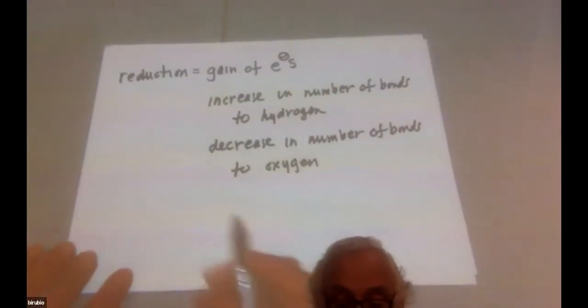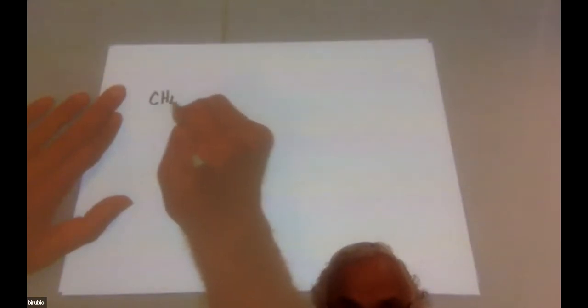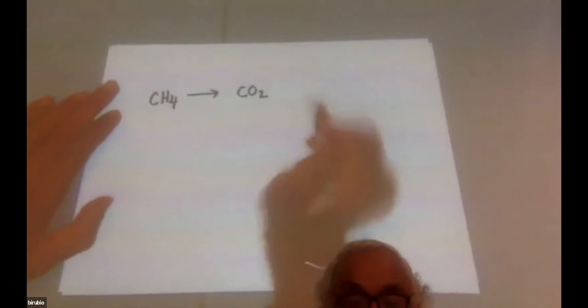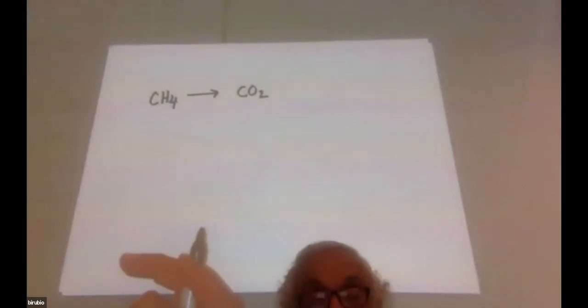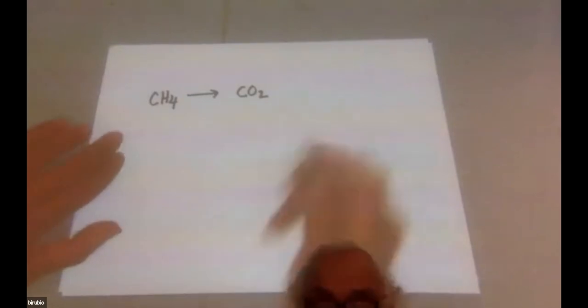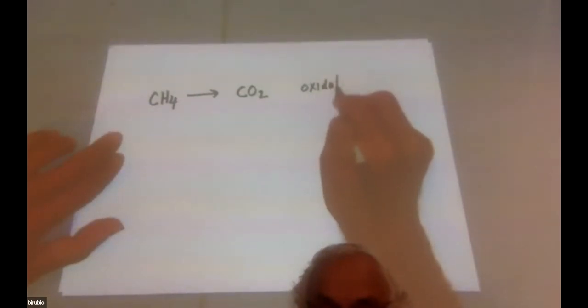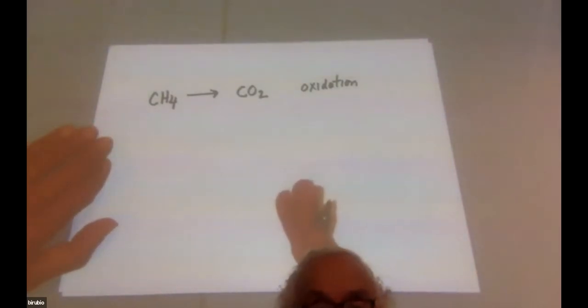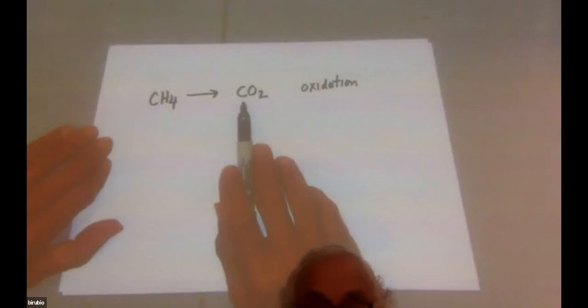So this is how we can tell in a quick and dirty way whether oxidation or reduction has happened. Okay, so for example, something like this. If we start out with methane and convert that to carbon dioxide, that's an oxidation, because the carbon atom started out with 0 bonds to oxygen, and now it has 4 bonds to oxygen, because this is 2 carbon-oxygen double bonds.